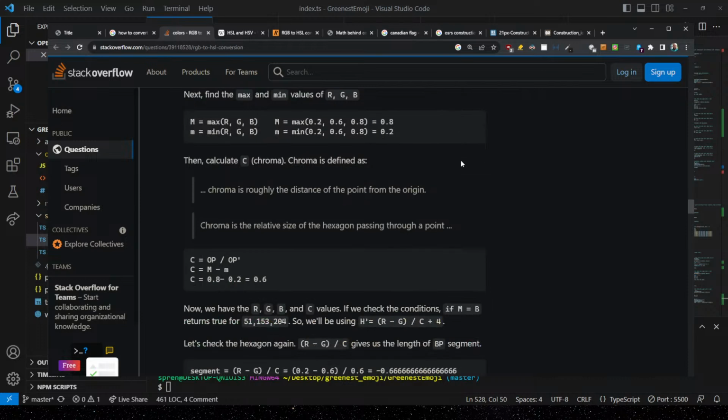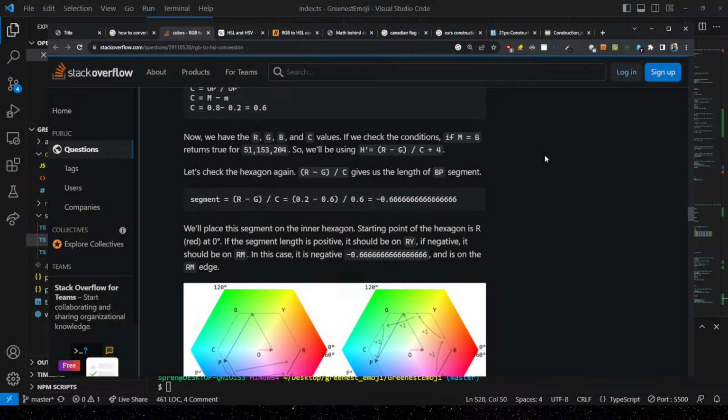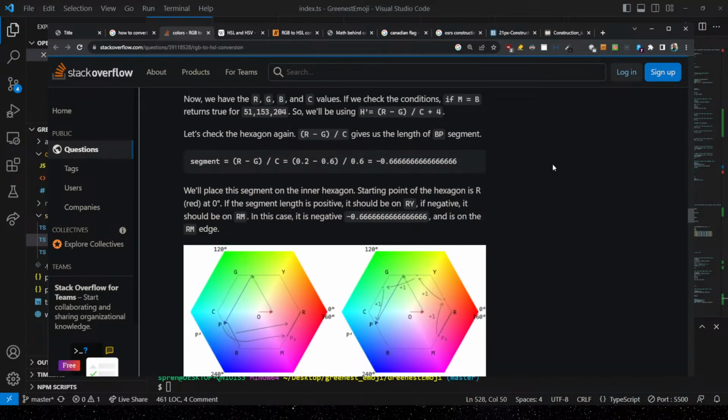There's nothing stopping us. But I'm going to try to read on a little bit and see if I can understand this explanation. Not sure that I can. If we check the conditions, this is for their specific case. M equals B returns true because in RGB, blue is the highest, so we're using this definition of H prime.